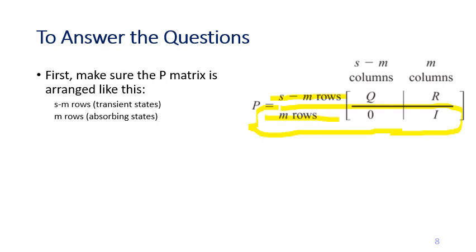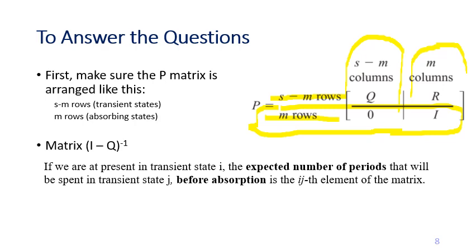Same for the columns, you must arrange the transient states at the first part, so on the left part, and then you arrange all the absorbing states on the right hand side. And then once you have arranged the matrix like that, you may draw imaginary lines that look like this, and then call this part of the matrix Q, this part R. We will use those parts to answer the questions.